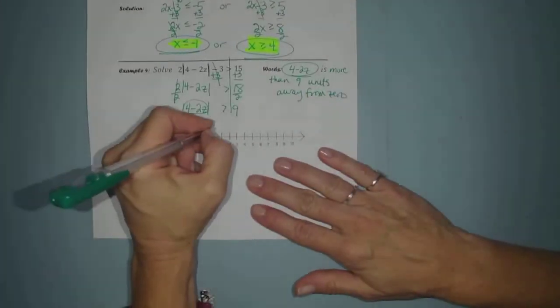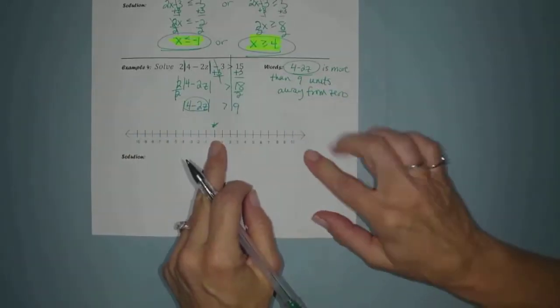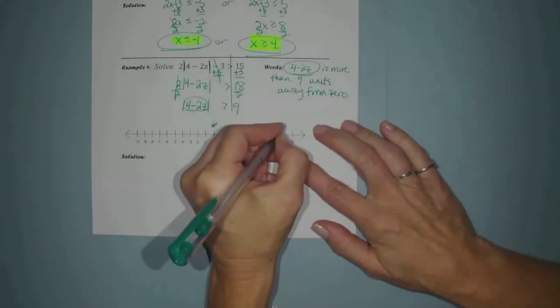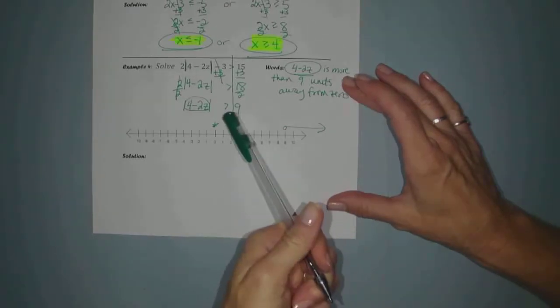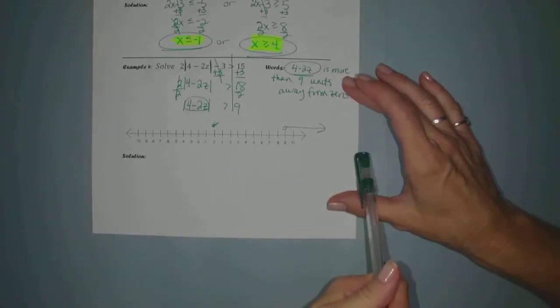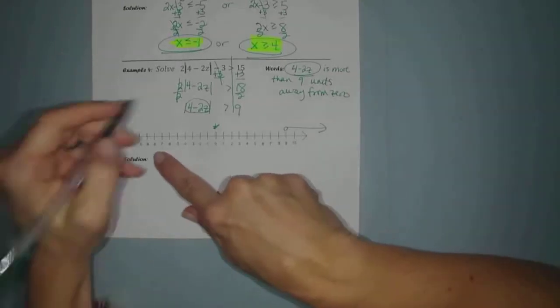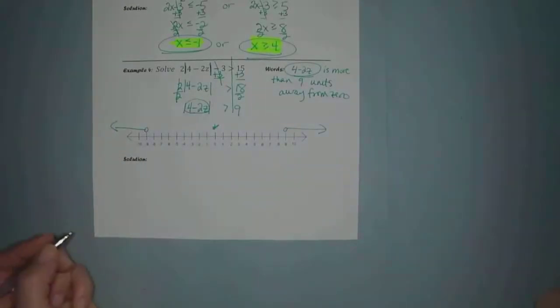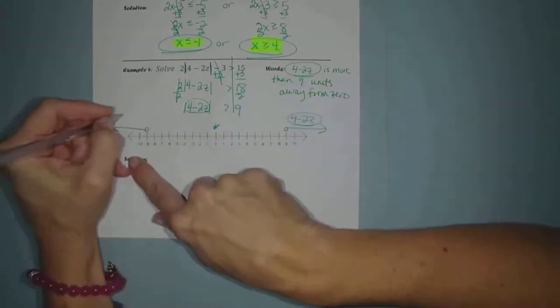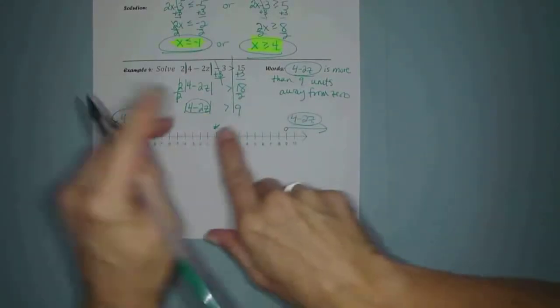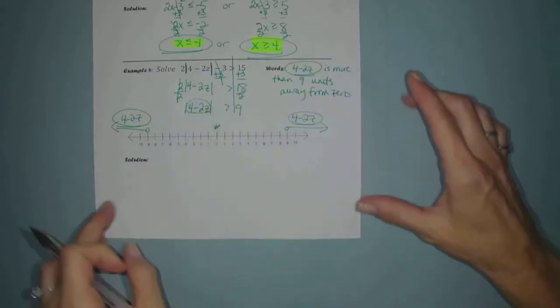So here's 0. If I'm more than 9 units away, I've got to be out here and further out, not equal to 9, greater than 9. Or I can float back here. So this is where 4 minus 2z can float based on translating this into words.